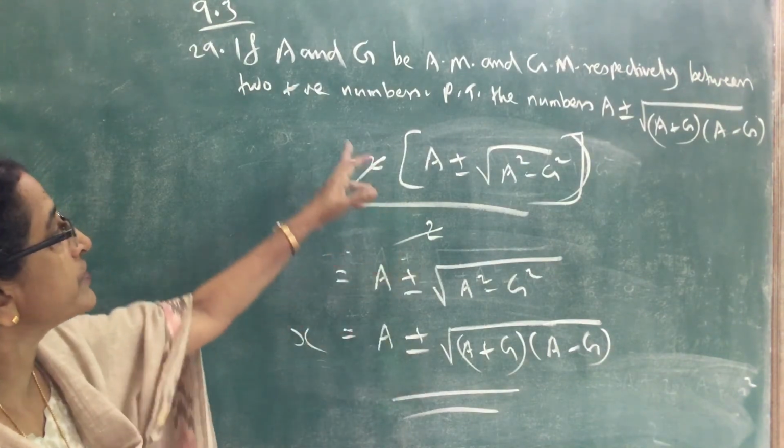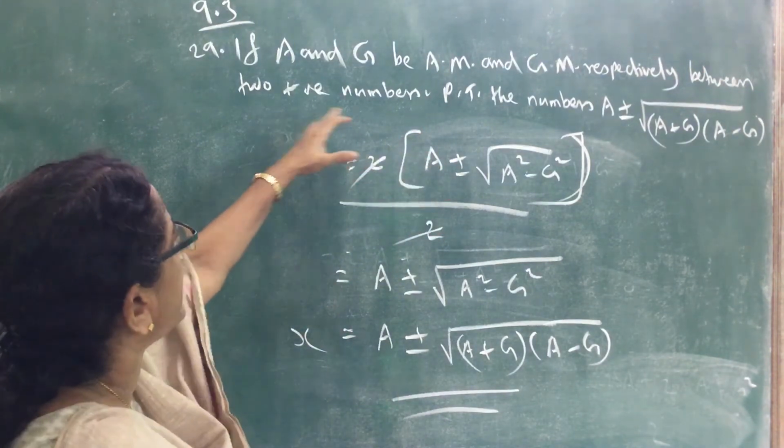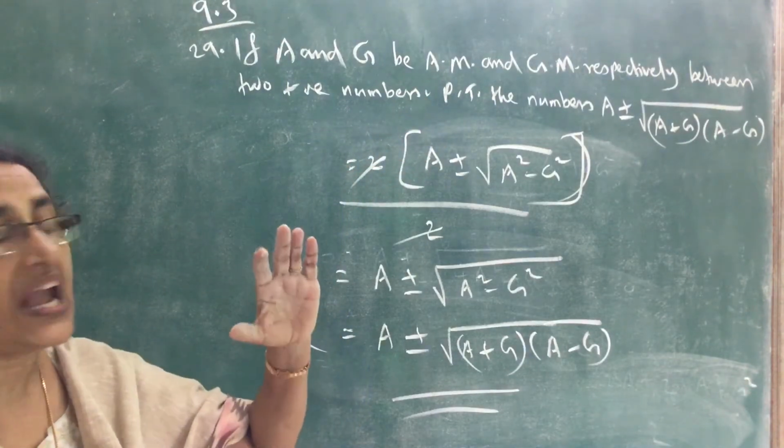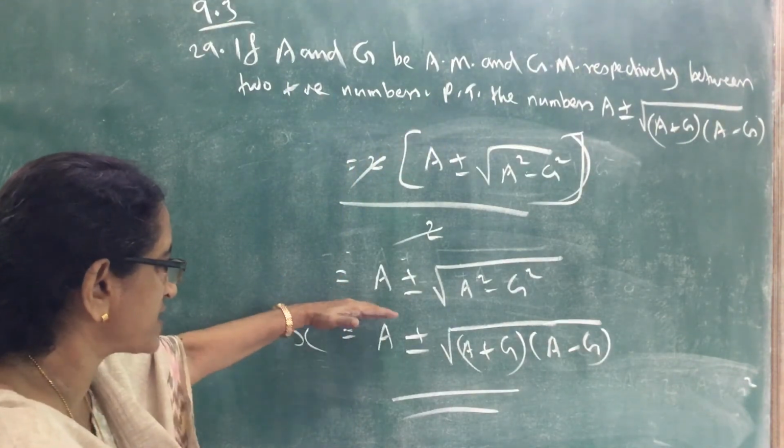We took the numbers as a and b, and we got the solution of this quadratic equation as this.